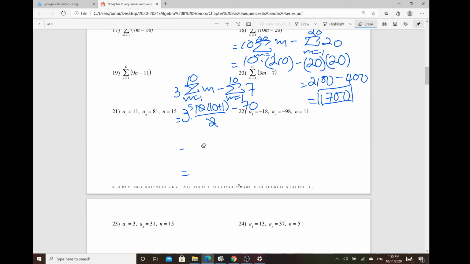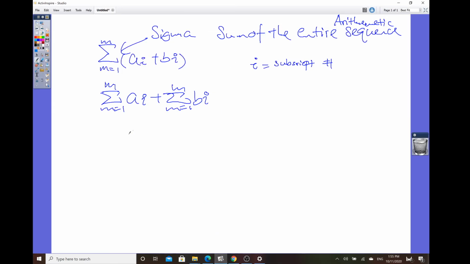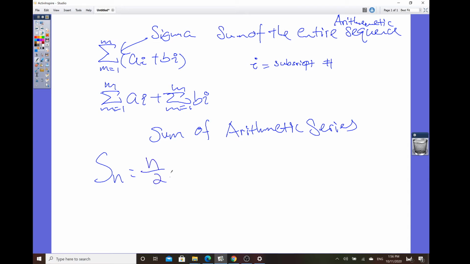So the new formula that I'd like to introduce is called the sum of the arithmetic series formula. Let me put it right here. The way to find a sum is n over 2 times the quantity a sub 1 plus a sub n.